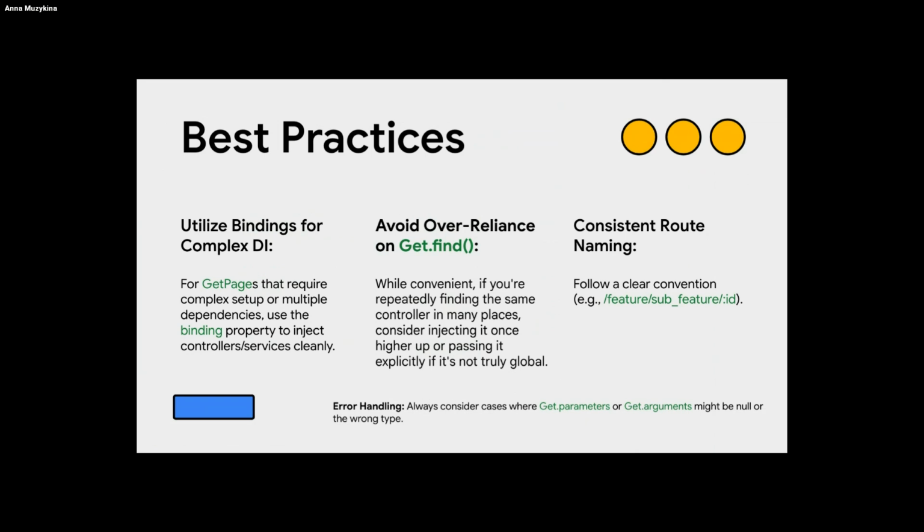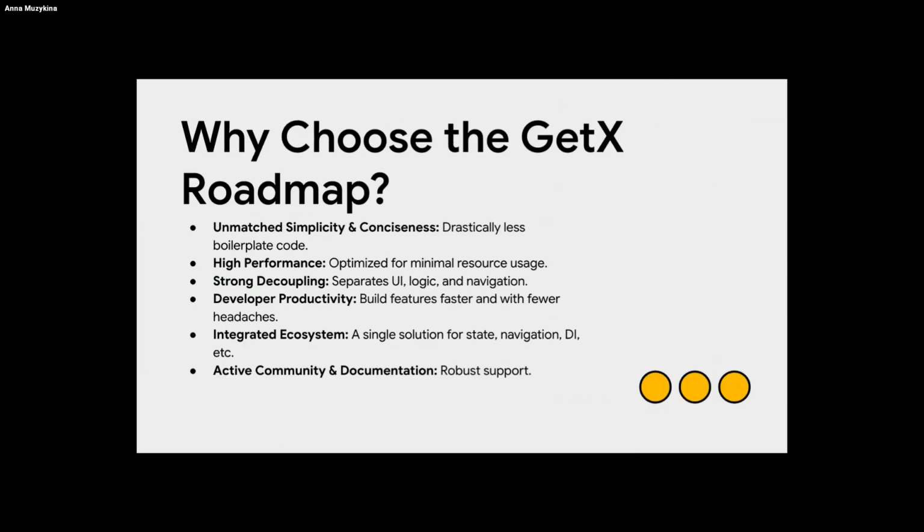Use consistent route naming, a well-defined naming convention for your named routes, for example, house, lodging, product detail, ID. It makes your app structure immediately understandable. And of course, error handling. Always guard against nulls when accessing Get.parameters or Get.arguments, as they might not always contain the expected data.